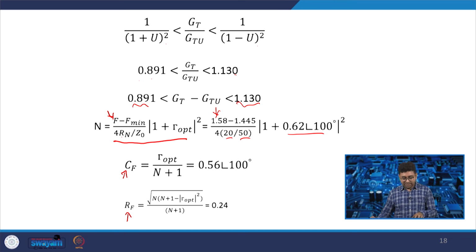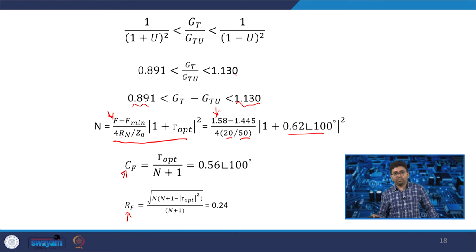So this center and radius is already given to you, you have to find out the center of the circle and radius of the circle. Now based on this center and radius, you can plot the noise circle.